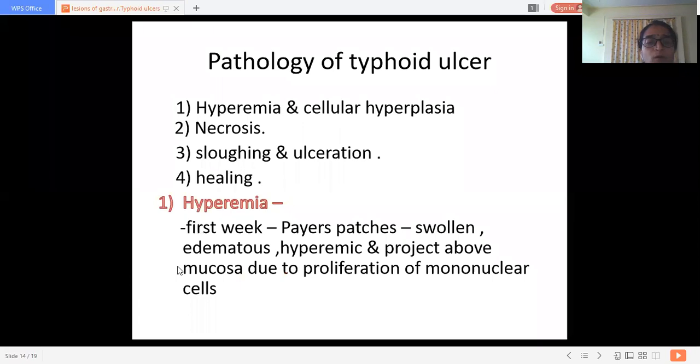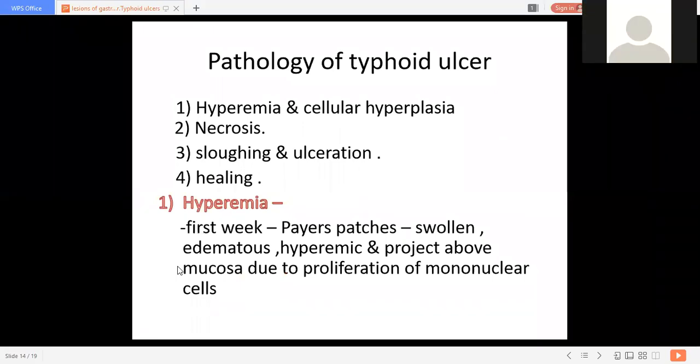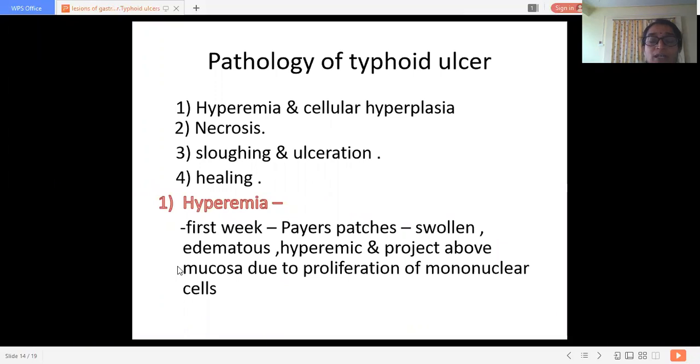This occurs in the first week. There is infection of the Peyer's patches. They become swollen, edematous, and hyperemic, that is, increased blood supply in that region. Then they project above the mucosa due to proliferation of mononuclear cells. So the infection proceeds from below upward, and the Peyer's patches project into the lumen of the intestine.